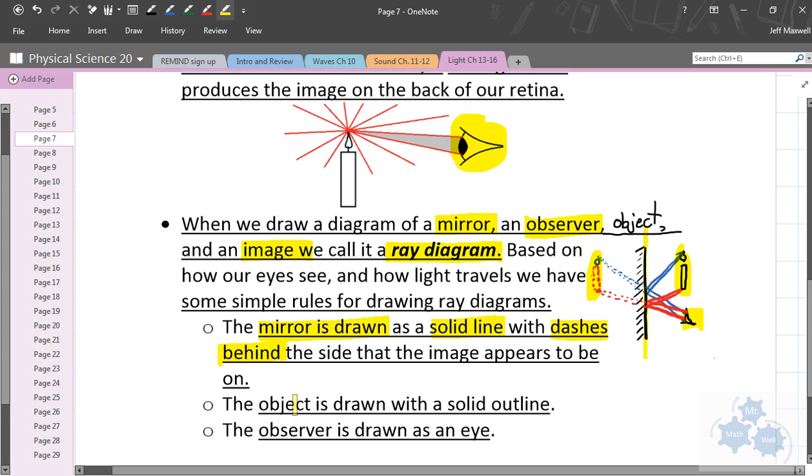The object in the diagram is drawn with a solid outline. So you notice the candle here is solid outline. So it's a candle, or it's a tree, or it's a ball, or whatever it is. The object is solid lines. The observer is drawn as just a single eye. You can get as creative as you want, but something that kind of looks like this.